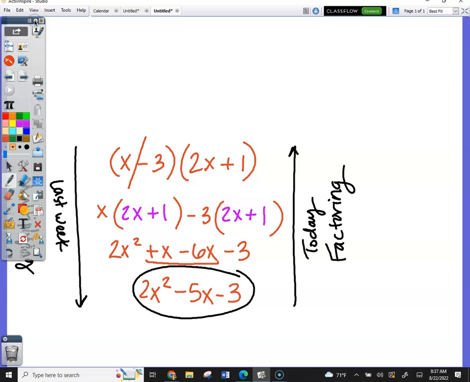We have to rewrite the 3 terms in a manner that splits that middle term into 2 common terms that when added back together would give it to you, right? You see that? Positive x minus 6x is negative 5x.